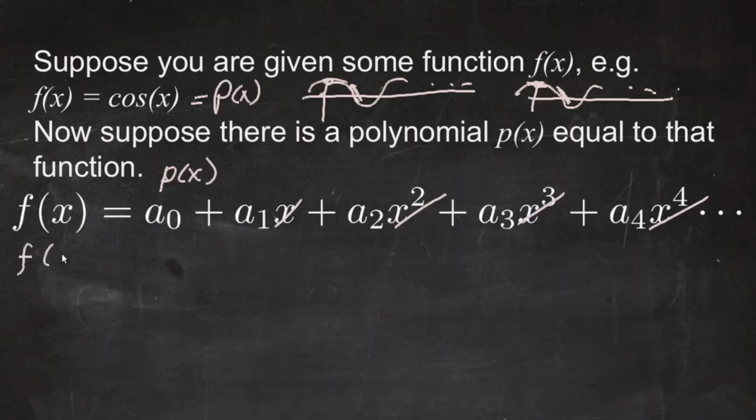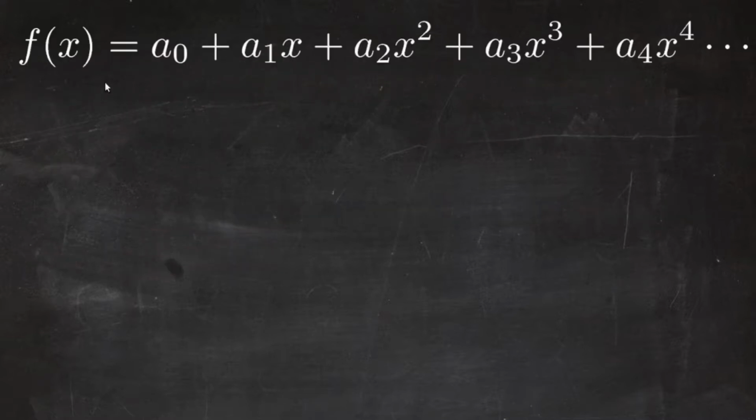I know f of 0 must be a0. So because what I'm interested in is a0, I know that a0 equals f of 0. And that's a fact I want to remember.